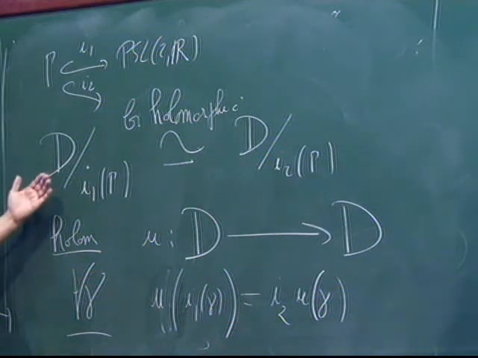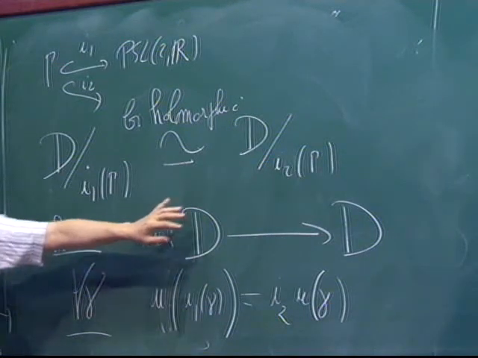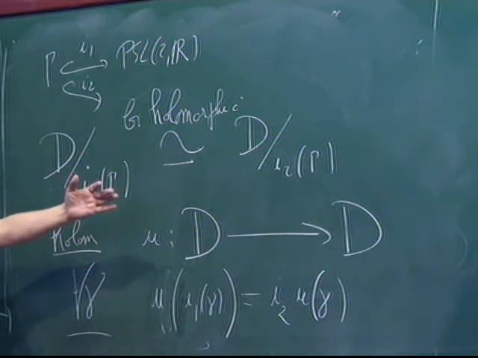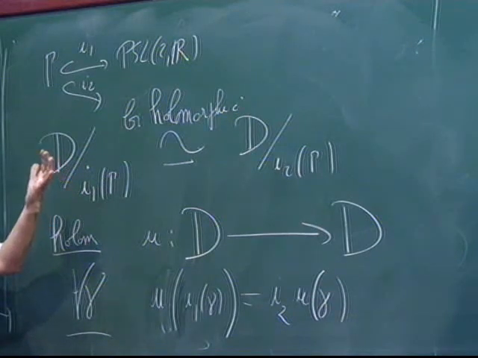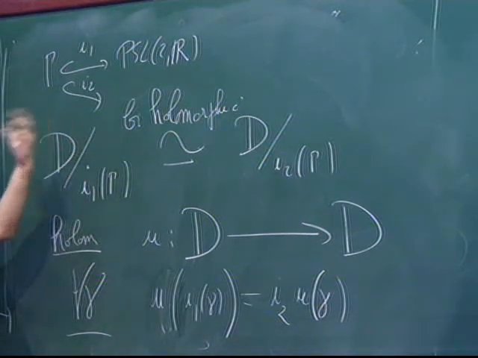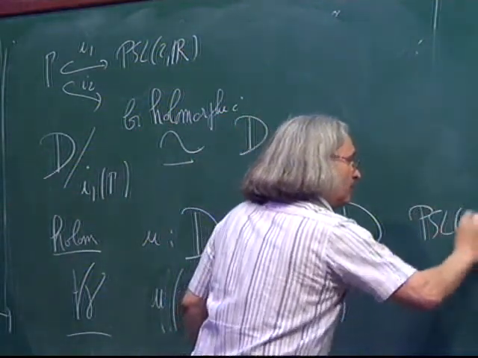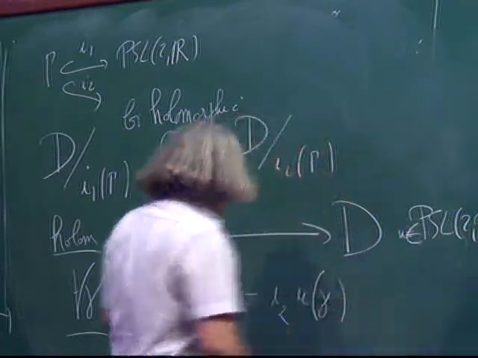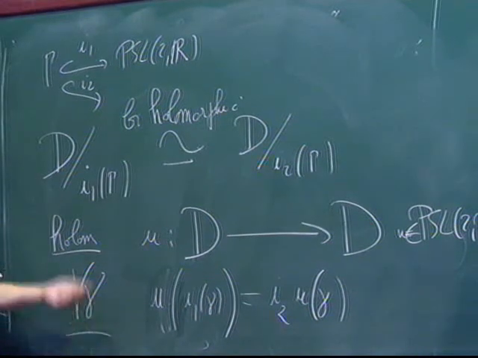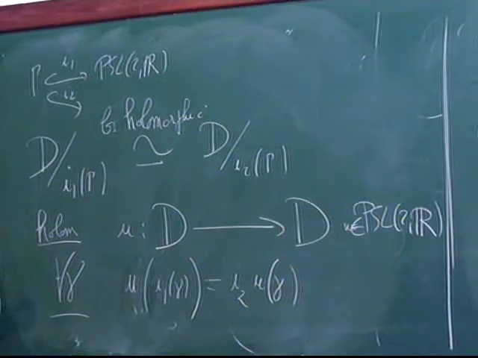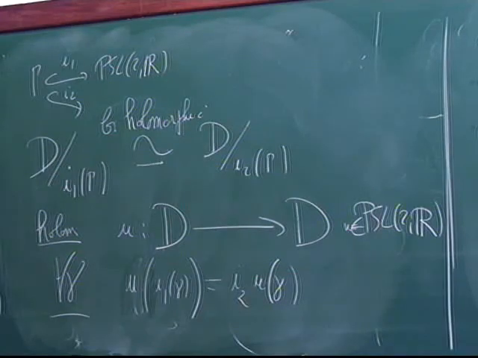But we know by the Schwarz lemma that the only biholomorphisms of the disk are elements of PSL2R. So this U, which a priori is only supposed to be holomorphic, a posteriori is in PSL2R. And so this conjugacy turns out to be a conjugacy inside PSL2R, which means that I1 and I2 are the same points in Teichmüller space.